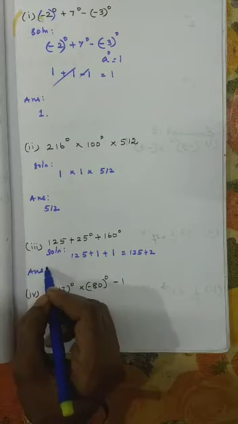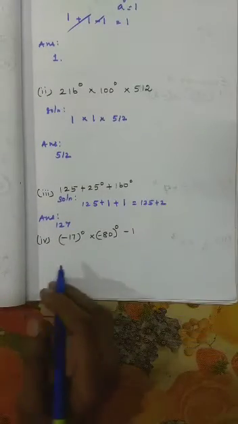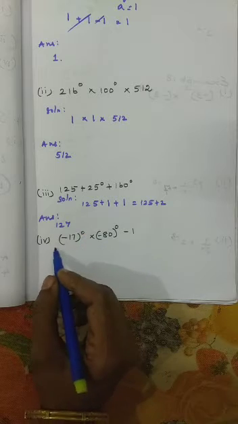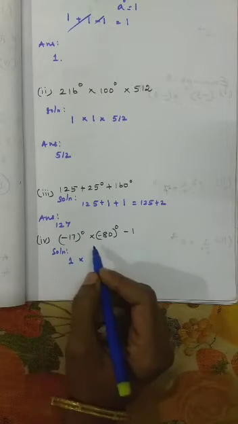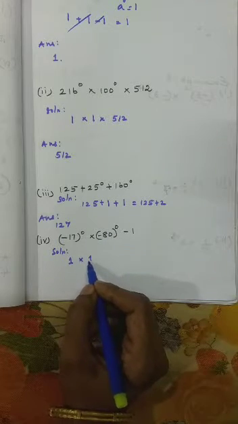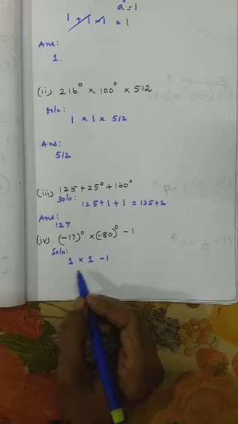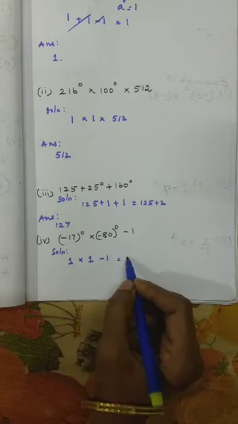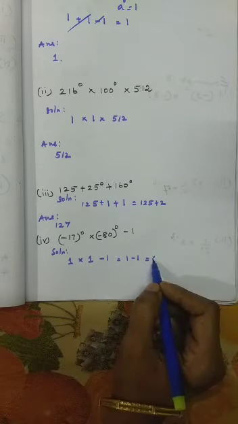And the answer is 127. Okay. Then minus 17 the whole power 0 is 1 into minus 80 the whole power 0 is 1 minus 1. So 1 into 1 is 1 minus 1. So the answer is 0.